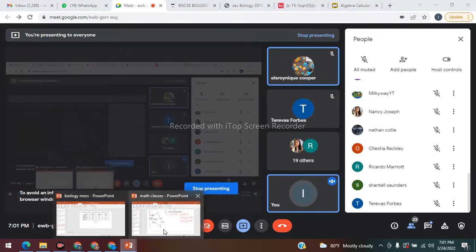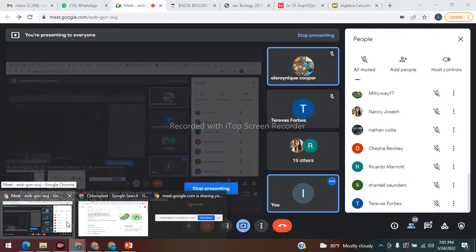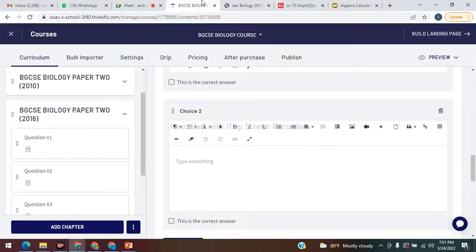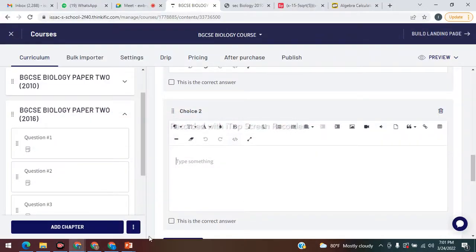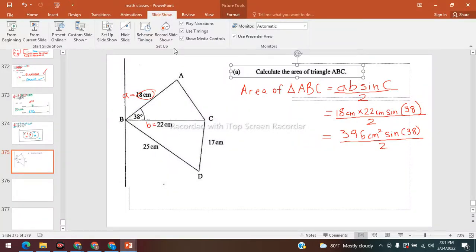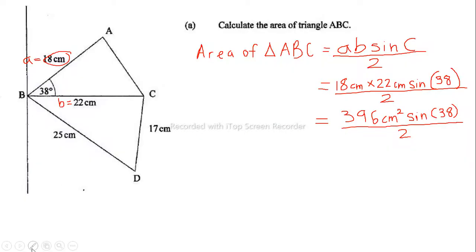Okay, so we have 121.9 centimeters squared.